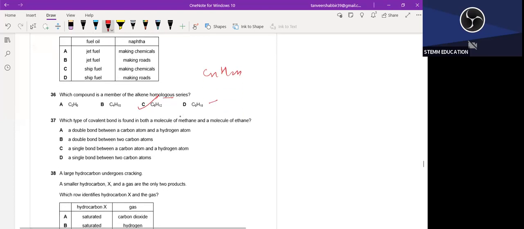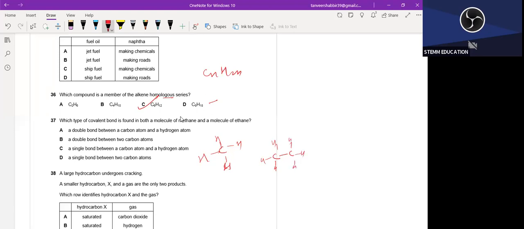Now question number 37. Which type of covalent bond is found in both a molecule of methane and a molecule of ethane? So you can see that in methane there is only a covalent bond between carbon and hydrogen. Common in both.